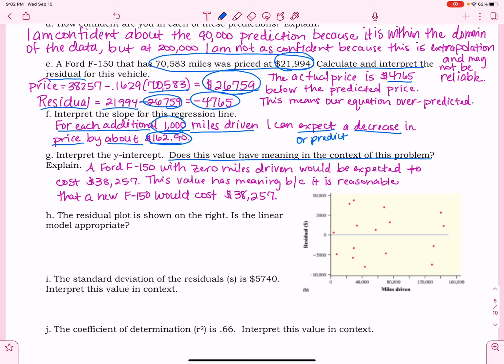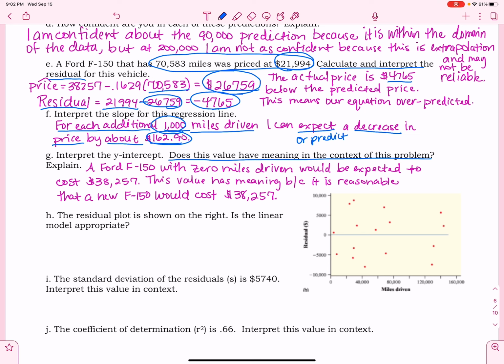Well, if you were getting a Ford F-150, now granted, if you got all the bells and whistles, it wouldn't be that cheap probably, but it's not unreasonable that a new truck would cost you $38,257 because a new truck wouldn't have any miles on it.